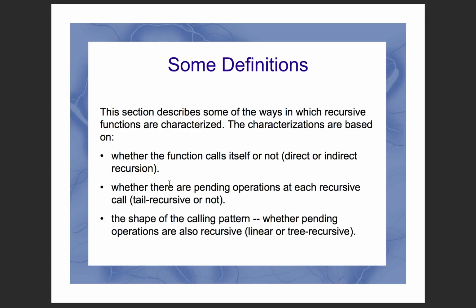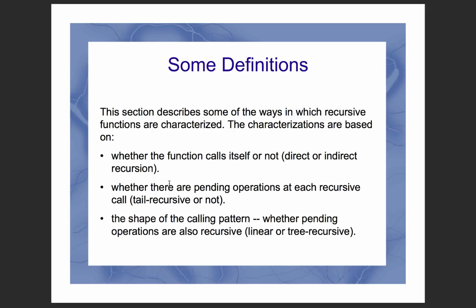Now, the second definition asks whether there are pending operations at each recursive call. If there is a pending operation in the recursive call, then it's called non-tail recursive. Otherwise, it's called tail recursive. So far, we have seen several recursive approaches that have some pending operations.